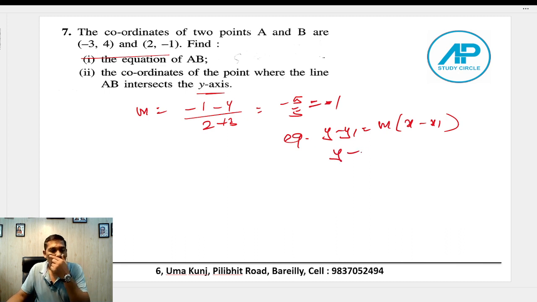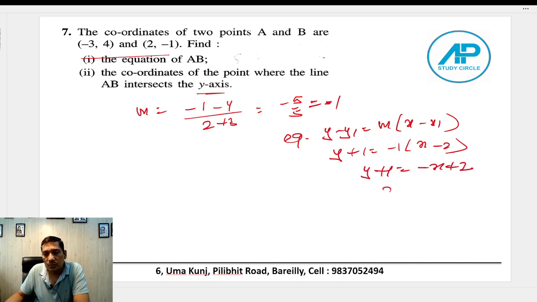We can take point minus 3, 4 also and 2, minus 1 also. That's your choice. इसमें कोई फर्क नहीं है. Y plus 1 equals minus 1 times x minus 2. Y plus 1 equals minus x plus 2. X plus y equals 1 is the answer.